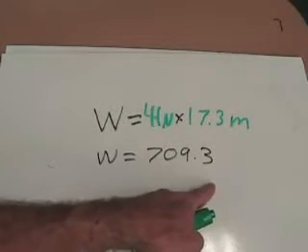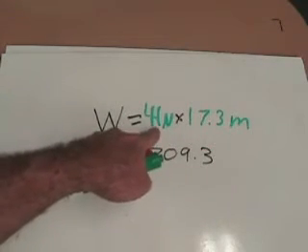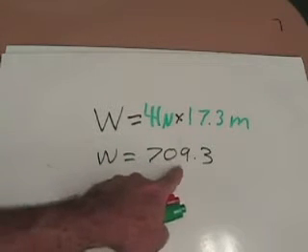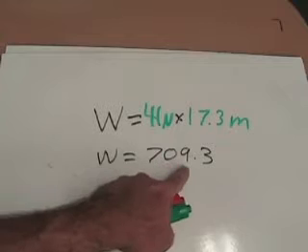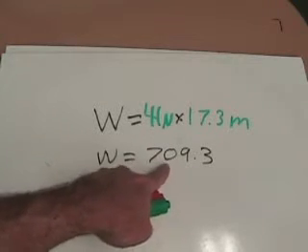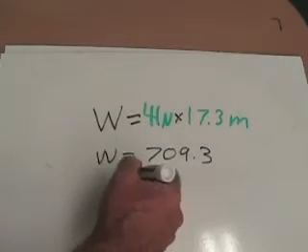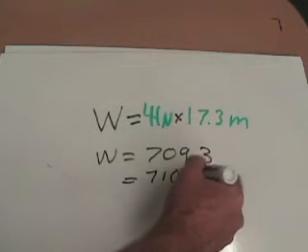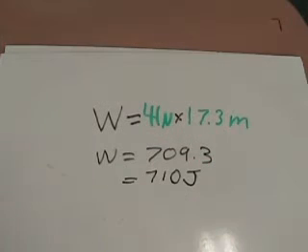Now that's 4 significant figures. I'm limited by the 41 to 2 significant figures, so when I round this, since I'm going to keep these two, I'm going to look at that one to see how to round. Since that's 5 or more, I round this up. I'm going to round this to 710 joules, because remember, work is measured in joules.